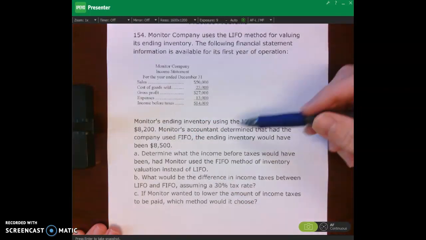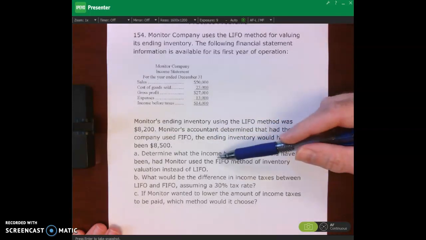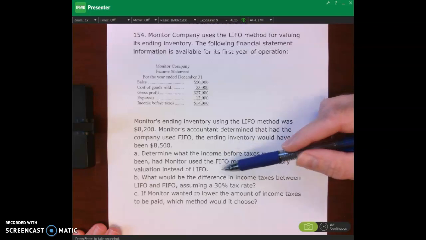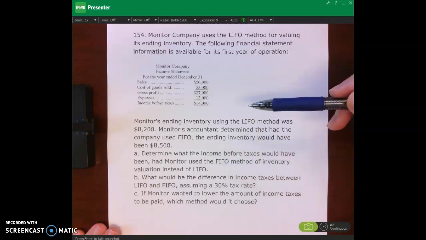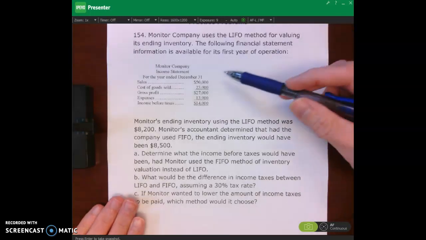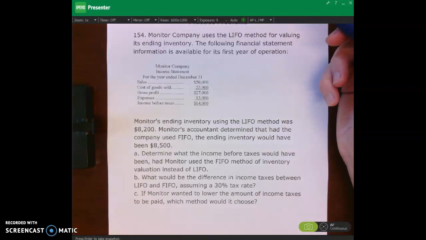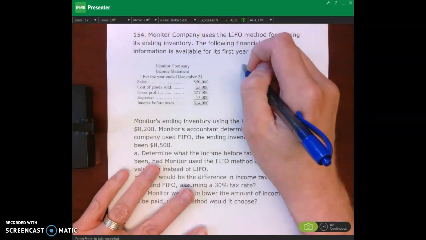Determine what the income before taxes would have been had Monitor used FIFO rather than LIFO. Okay, so let's look at this for a second. We can back into figuring this out, so let me draw this diagram.